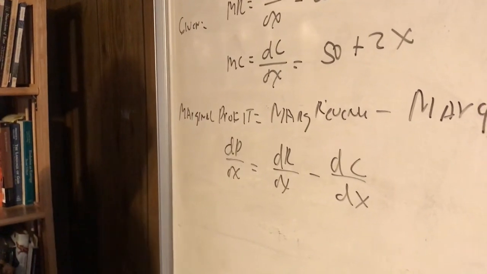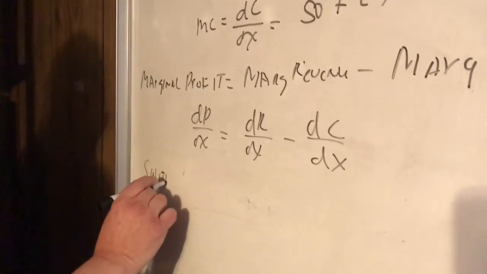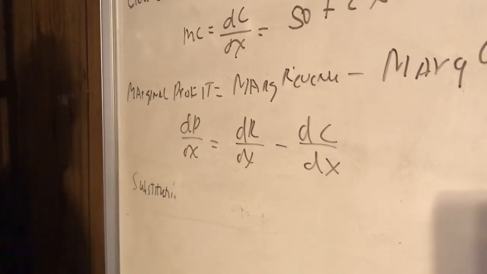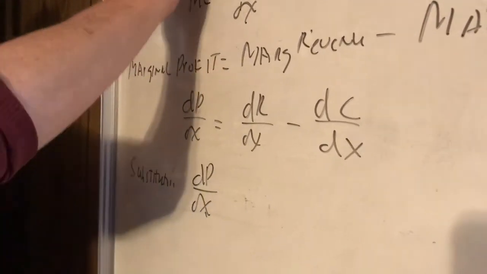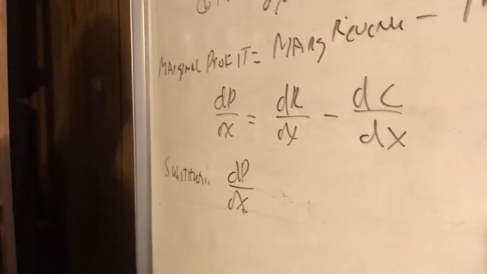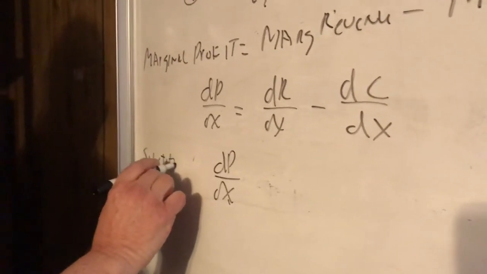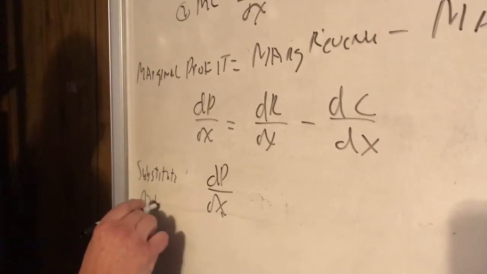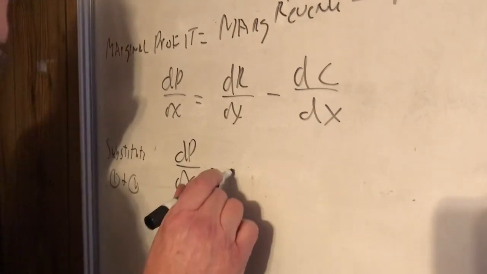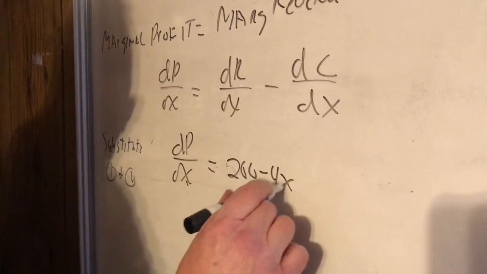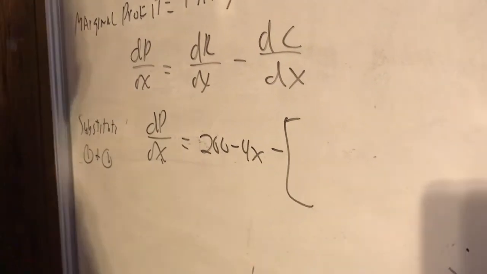We already have those, so substituting 1 and 2, dR/dx is 200 minus 4x minus, and I always put a bracket here to remember to distribute, 50 plus 2x.